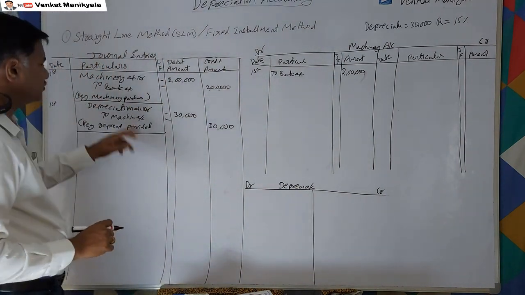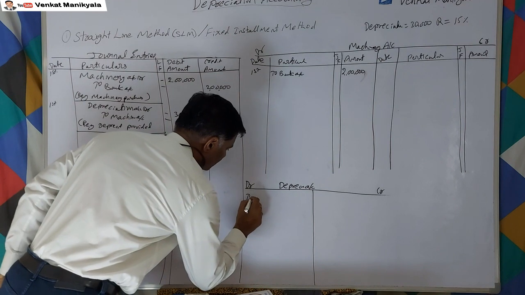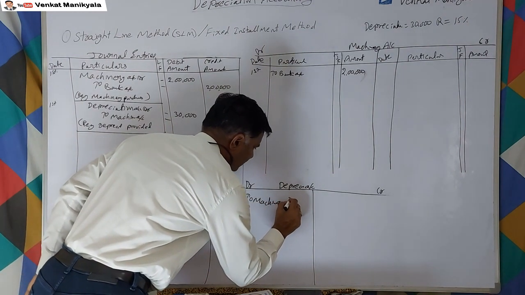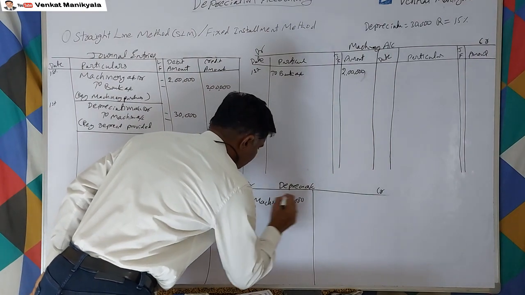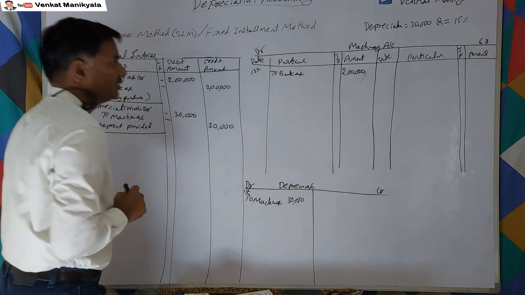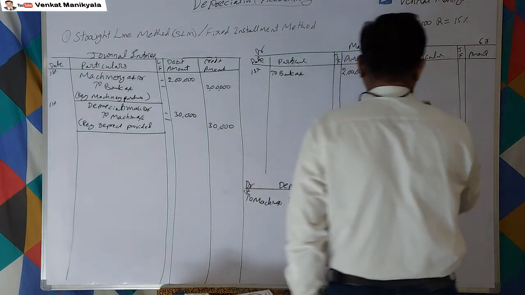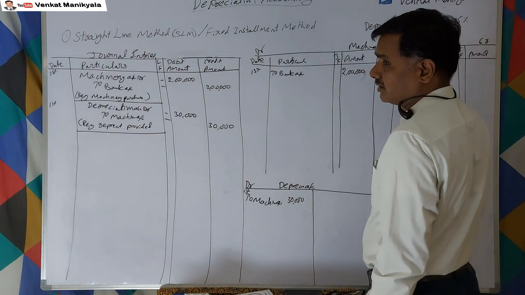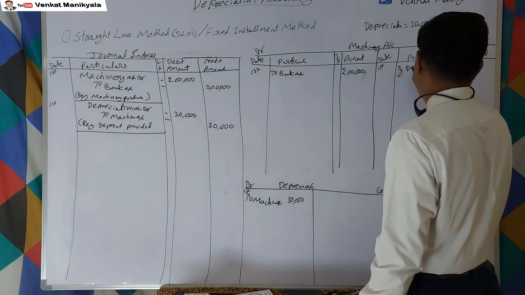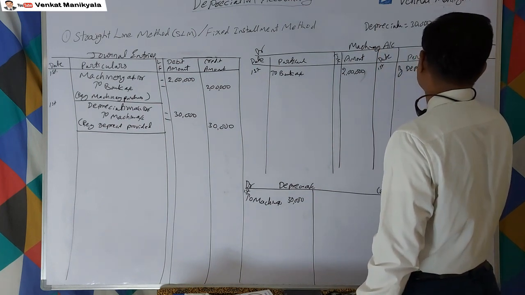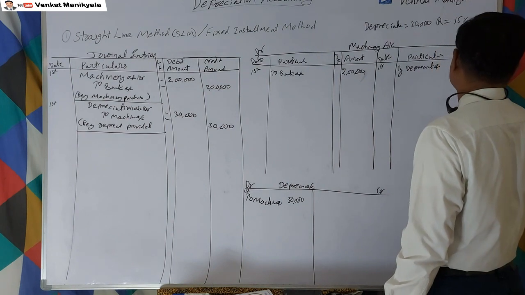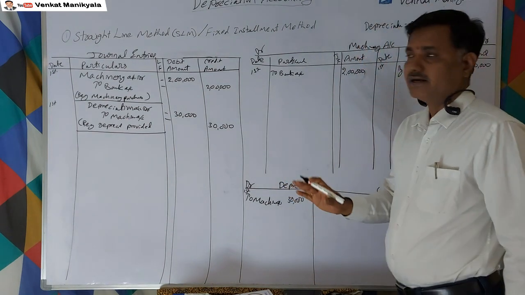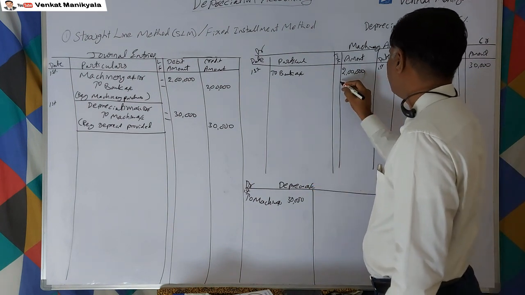So depreciation account: to machinery account 30,000, right? So this is in the first year. In the machinery account, this is also first year at the end of the period, by depreciation account 30,000, right? So by this the year-end activities are completed.